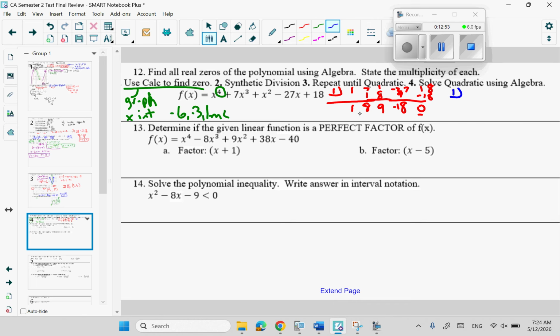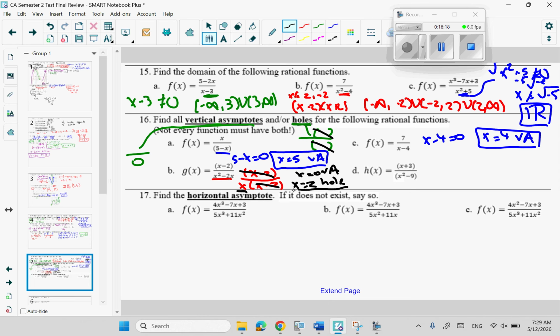X minus 4 equals 0, we get x equals 4 is a vertical asymptote. Here, I would factor this, so I would get x minus 2, but you notice I have x minus 2 up top as well. So these can be canceled. This x is by itself, so x equals 0 is a vertical asymptote. However, x minus 2 was canceled, so I know that x equals 2 is also an issue. That would be called a hole in the graph.